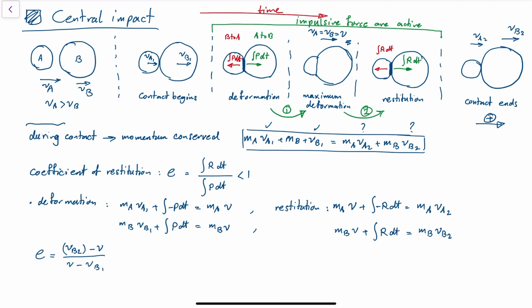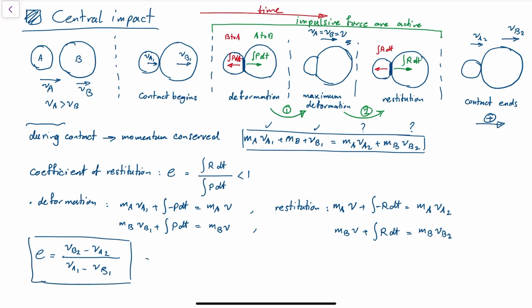Let me double check what I have. Let's not do that intermediate step, let's go one further ahead. What really happens is e becomes V_B2 minus V_A2 divided by V_A1 minus V_B1. This is better.